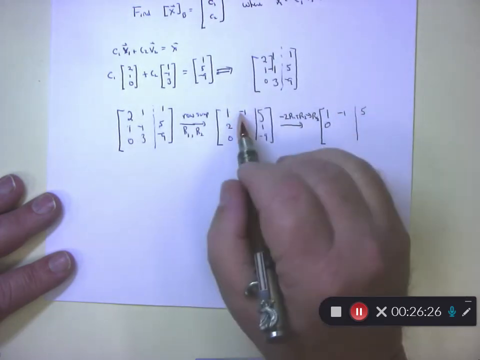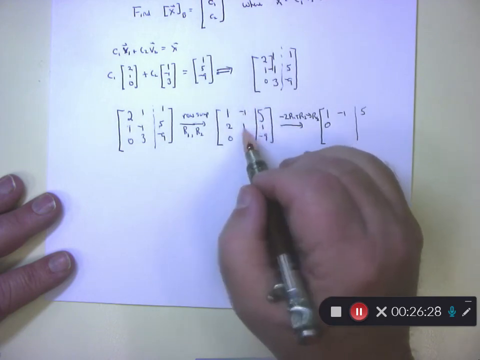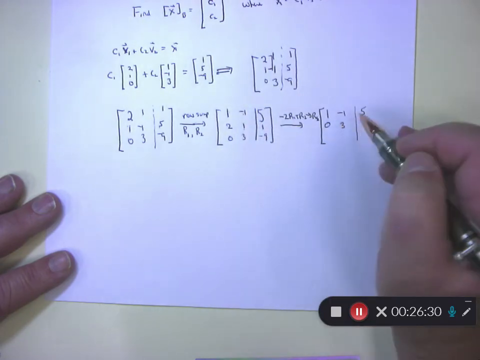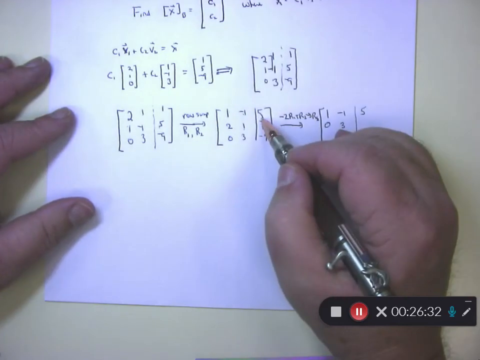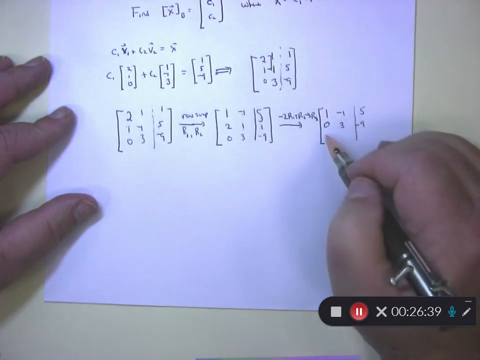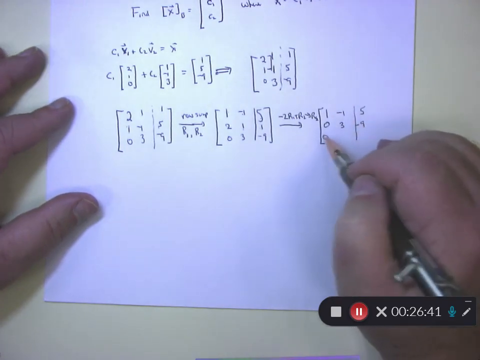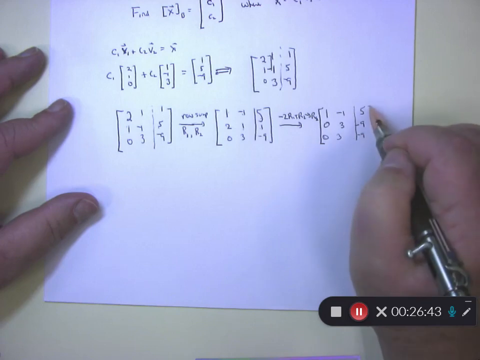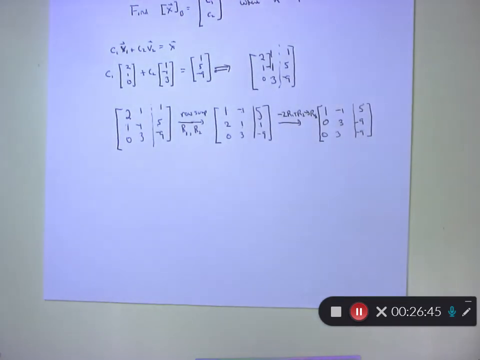That was the point. -2 times -1 is 2 plus 1 is 3. -2 times 5 is -10 plus 1 is -9. And then I got 0, 3, -9. What's your next move? It could be either move. There's more than one way to do this one, but the result will be the same.